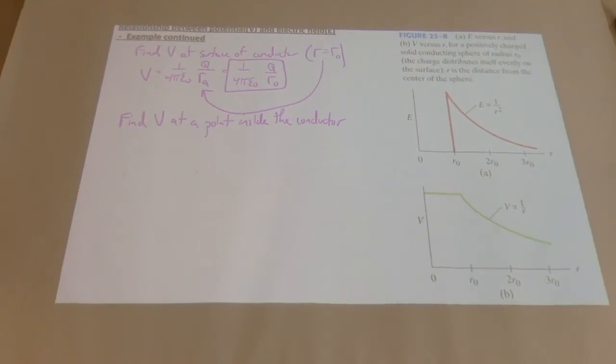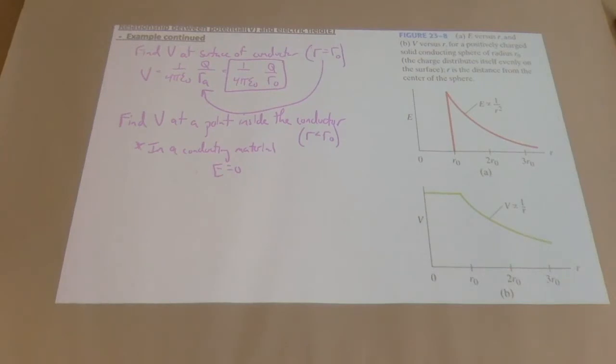Not as quick as you might be thinking, but quick. So in other words, we're looking for a place where R is less than R0. Keep in mind that in a conducting material, the electric field is equal to 0.